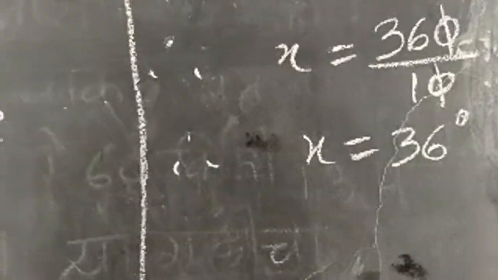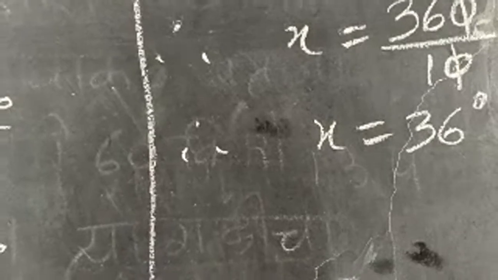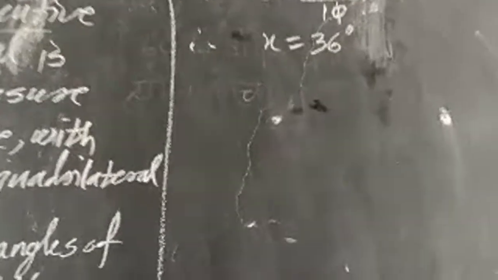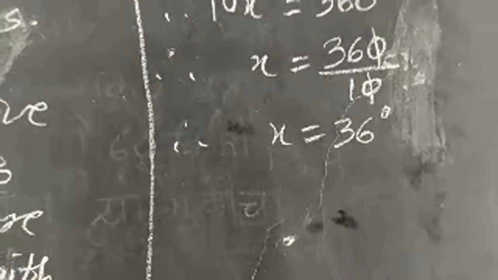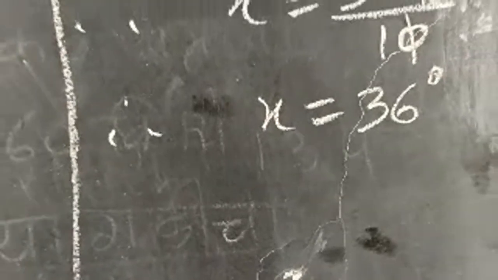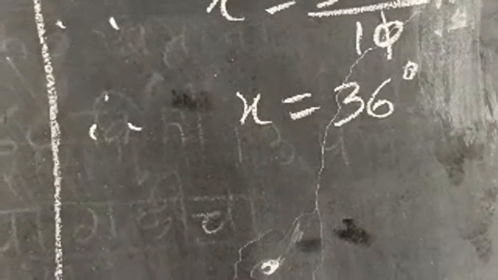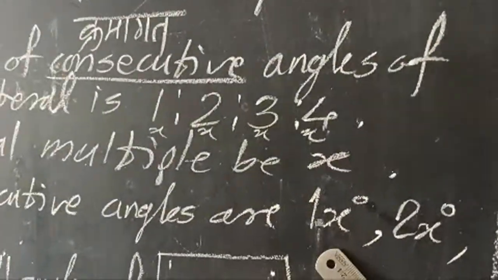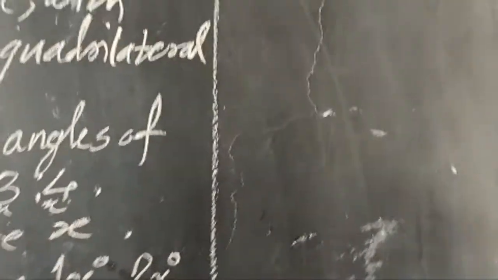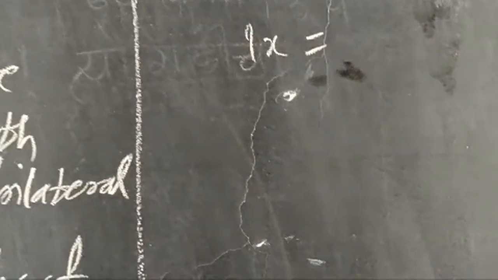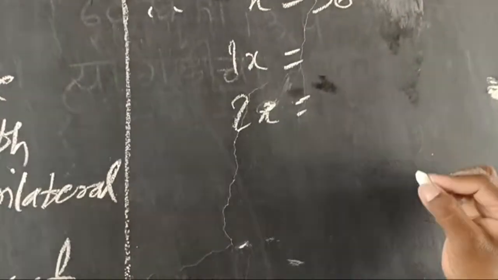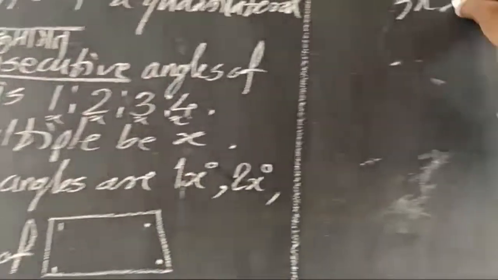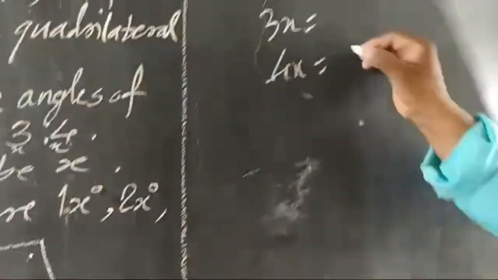And after that, we find all angles. First angle is 1x, then second angle 2x, third angle is 3x, and fourth angle 4x.